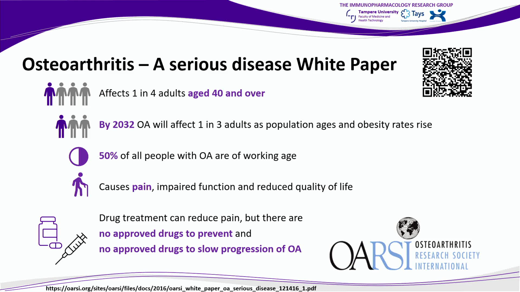By 2032, OA will affect 1 in 3 adults as the population ages and obesity rates rise. And 50% of all people with OA are of working age, so it's not just a disease of the old. It causes pain, impaired function and reduced quality of life.